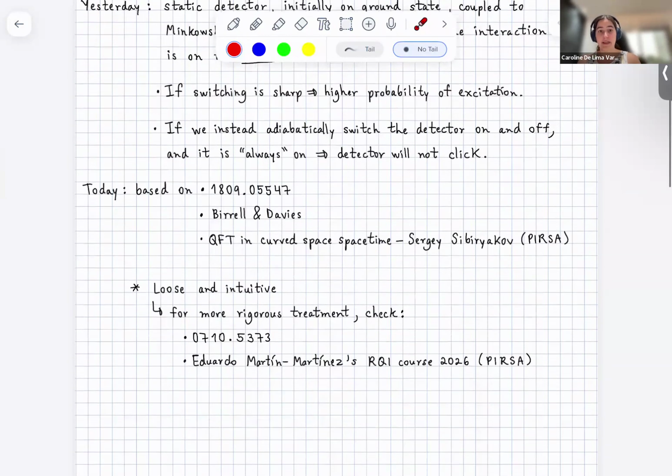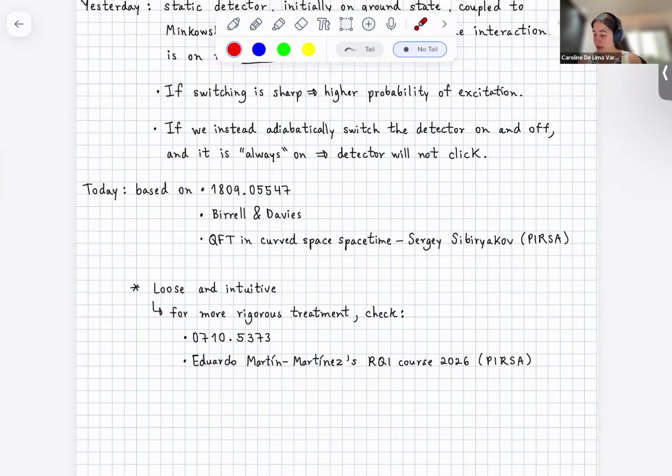So today we're going to discuss basically the Unruh effect. And there are several different ways of covering the Unruh effect. In particular, there is one amazing reference, this reference here, that covers pretty much everything regarding the Unruh effect, at least until the point that it was published. But nevertheless, my presentation here is going to be more loose, more intuitive.